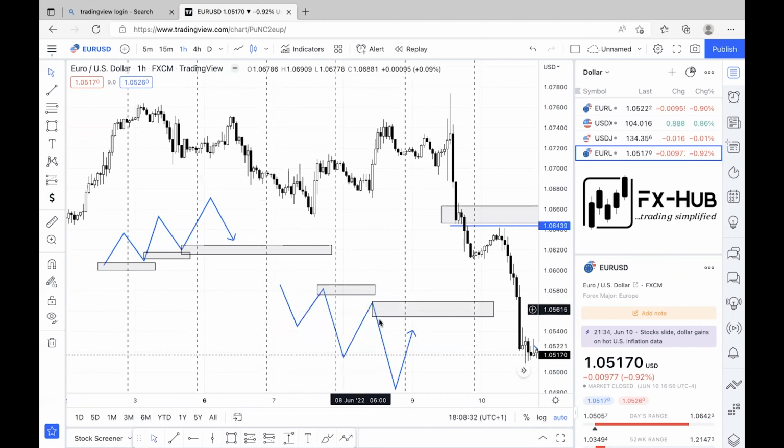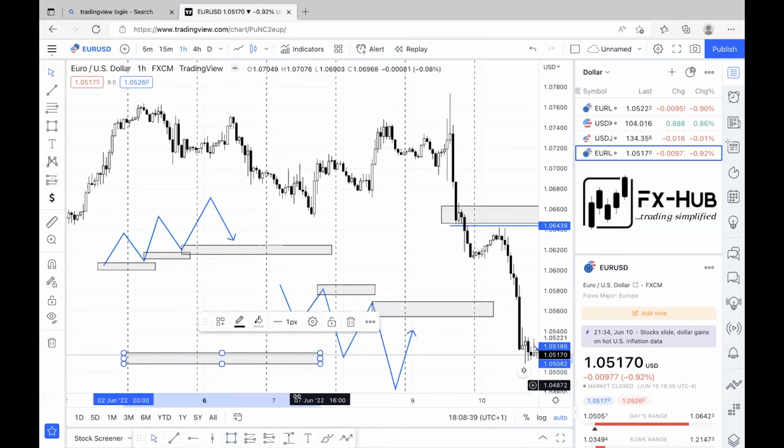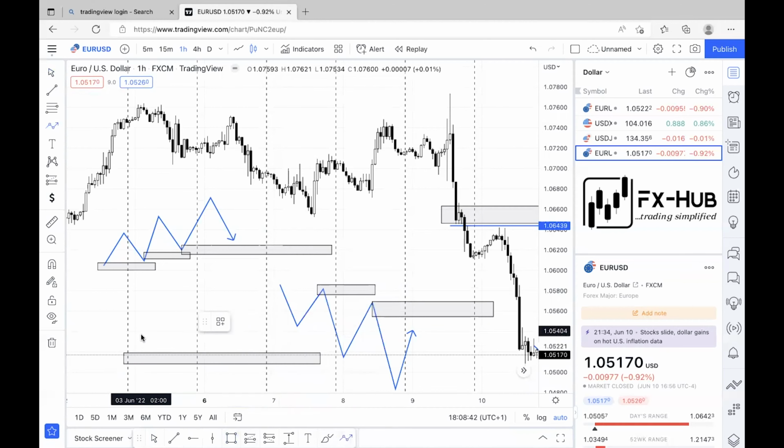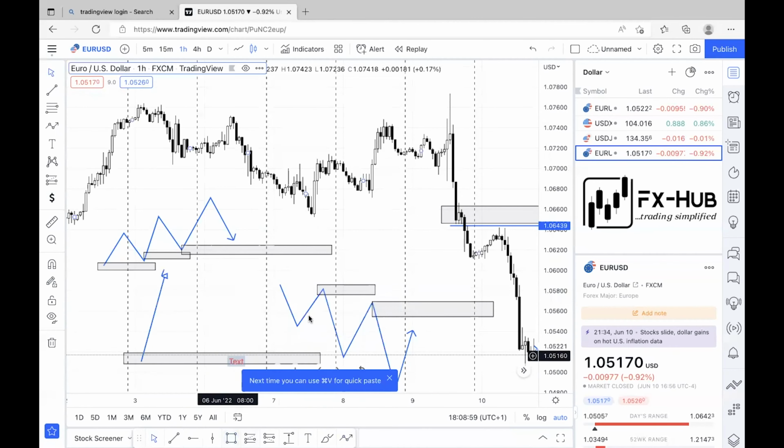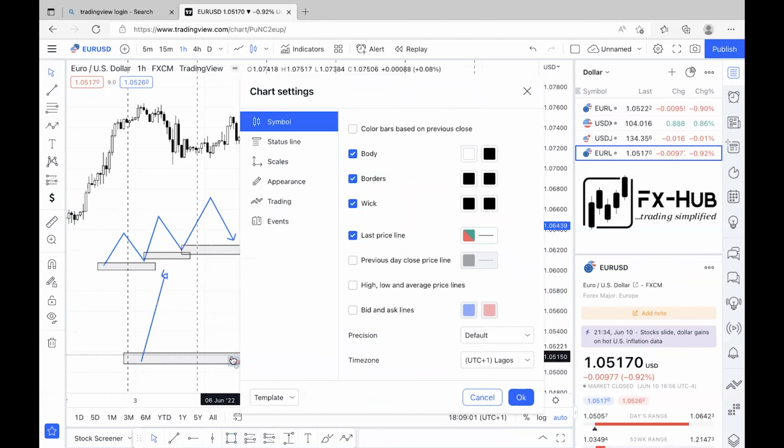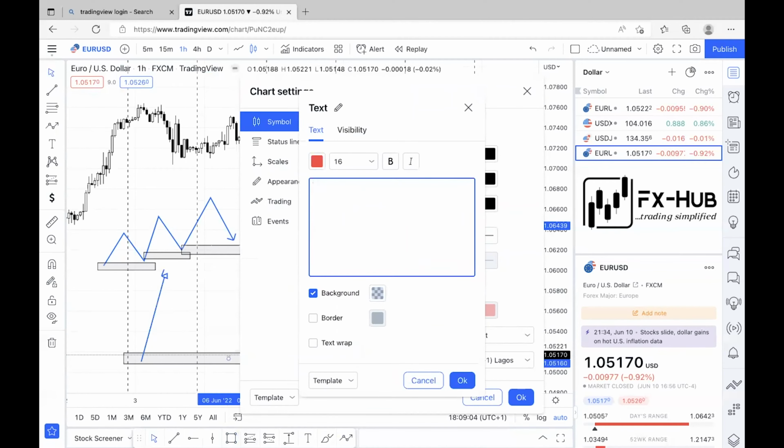And if the market has not returned to a freshly created zone, as far as the market has not returned to this very zone, we'll refer to this zone as unmitigated.